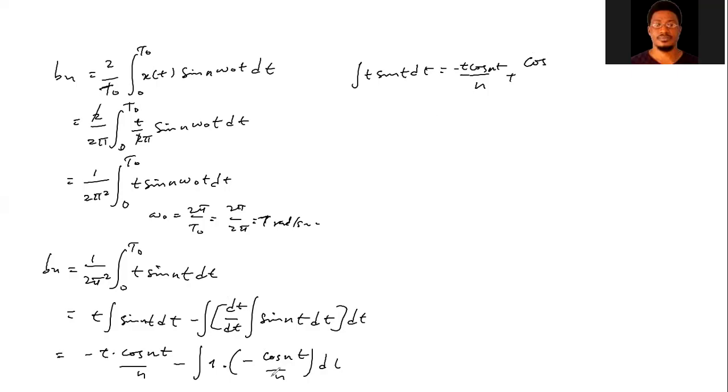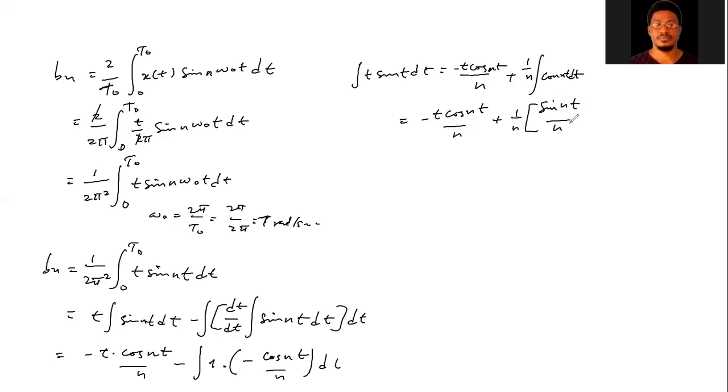Let's bring out the 1 over n: 1 over n integral cos nt dt. So once again, this will give us negative t cos nt over n plus 1 over n sin nt over n once we integrate this.